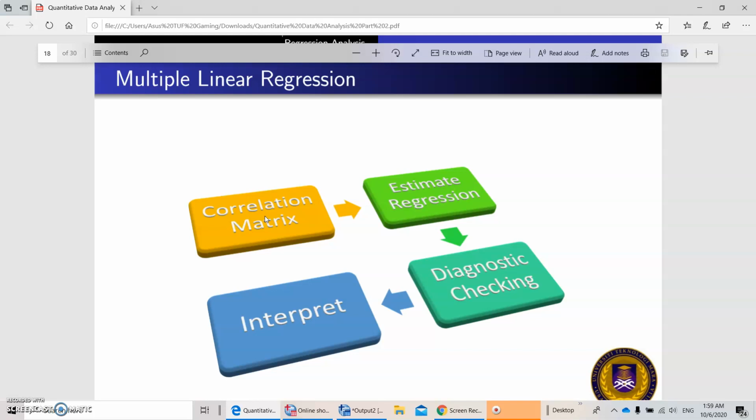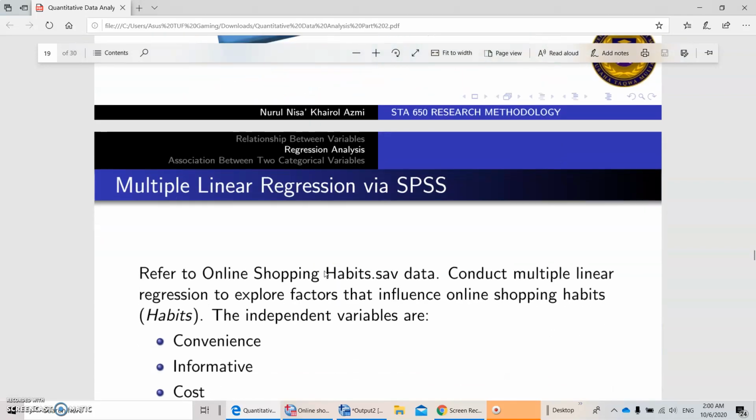The value of R squared will be high, but there is a possibility that the independent variables are not significant, so we try to avoid the multicollinearity problem in the model. Then we estimate the regression model, do the diagnostic checking, where we check whether the error terms meet the assumptions or not, and then do the interpretation.